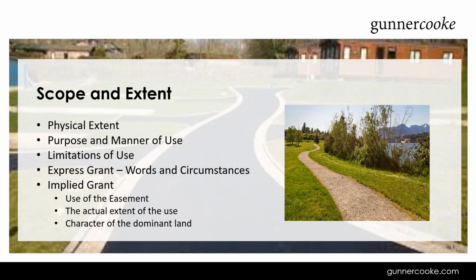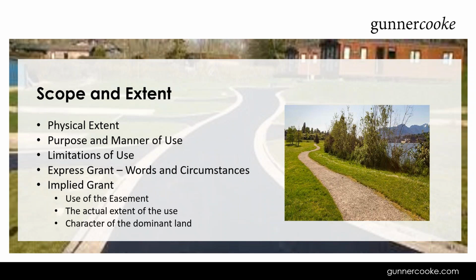Express grant, it's pretty easy to do because you've got the words of the documentation, and hopefully you've got some evidence there to say what the intention was behind it as well. Implied gets more tricky. That's when the court will look at the use of the easement, the extent of that use, and also the character of the dominant land.